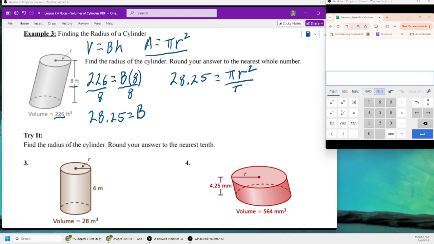So we're going to divide by pi. 28.25 divided by pi gives us 8.99, which is going to round up to 9. So 9 is equal to the radius squared. Now, that's the radius squared. I want just the radius by itself. So take the square root of 9, which is 3 feet. So the radius is 3 feet.